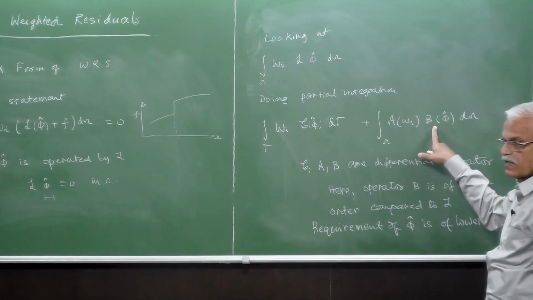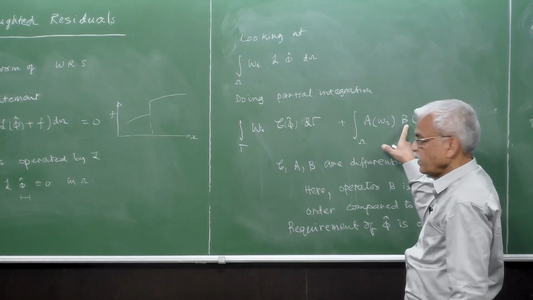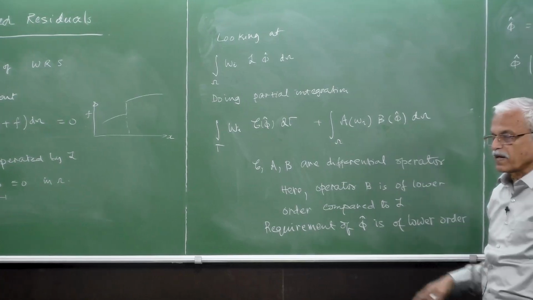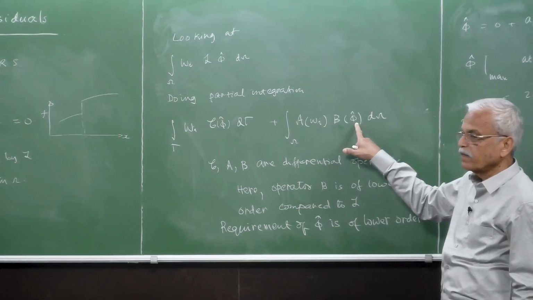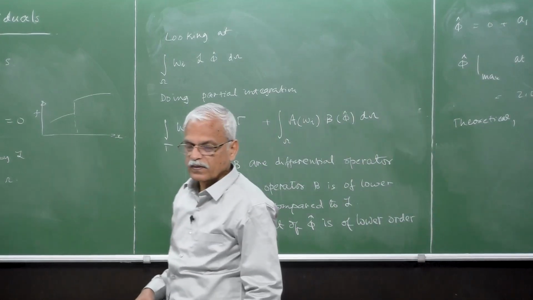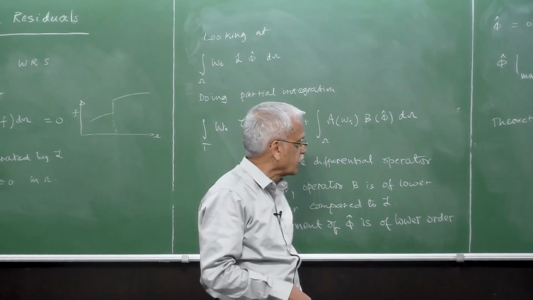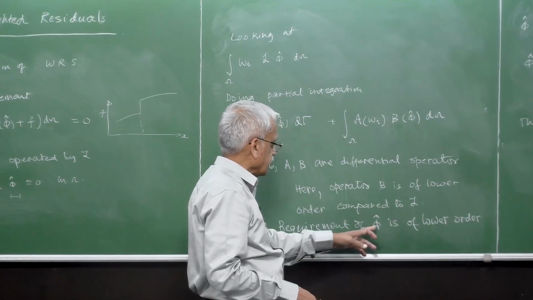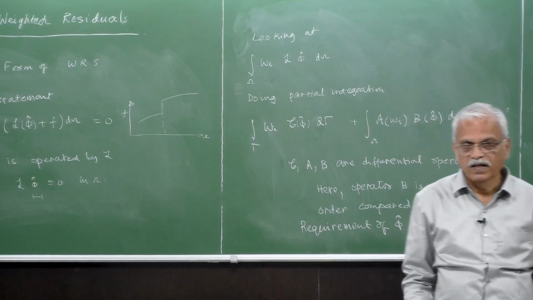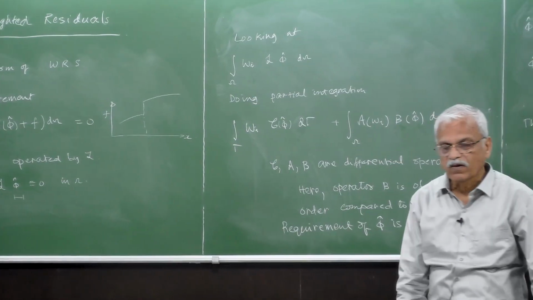So B is of lower order, so B operating on phi hat means that the continuity requirement on phi hat is of lower order. Or we can even say that phi hat can be a weak function, of lower order.